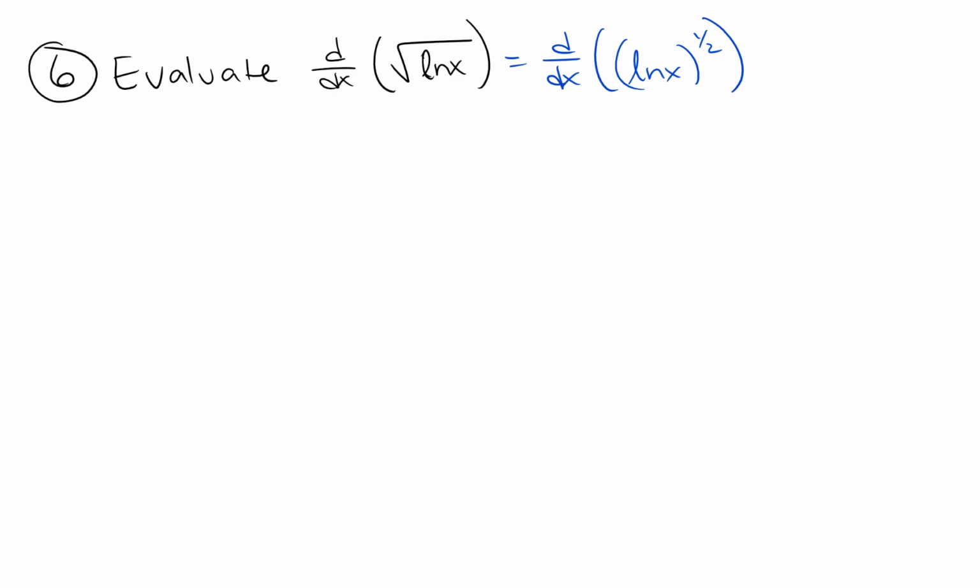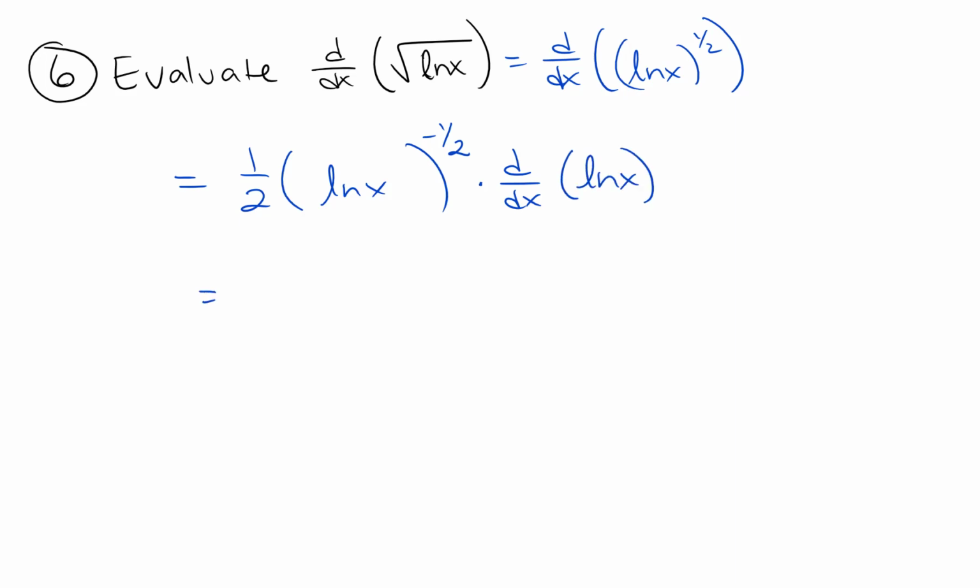So I can bring that power down in front, subtract 1 from the power. So that's taking the derivative of that outer function. For my chain rule, I then leave the inside function the same and multiply by the derivative of that inner function.